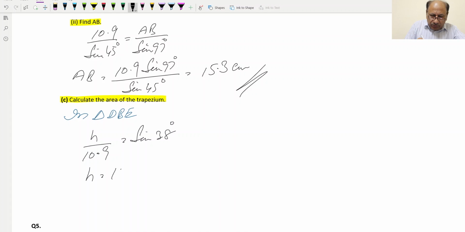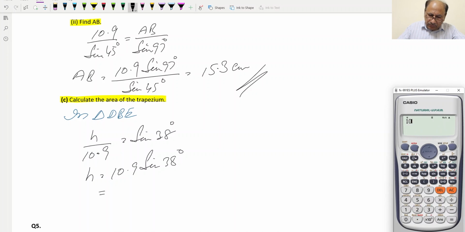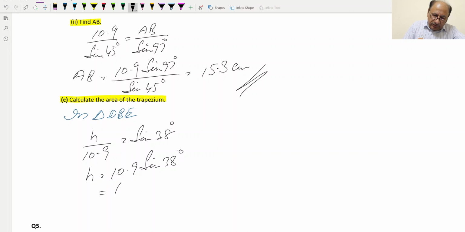So h will be equal to 10.9 sine of 38 degrees, and this one we can find, 10.9 sine of 38 degrees is equal to 6.71. So h will be this value.